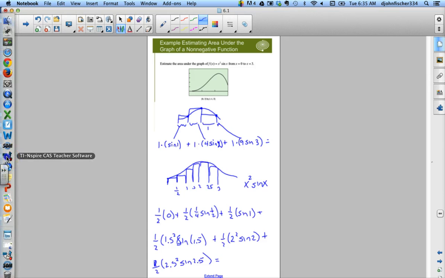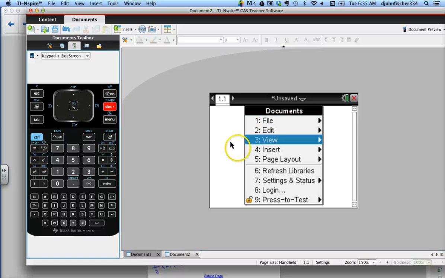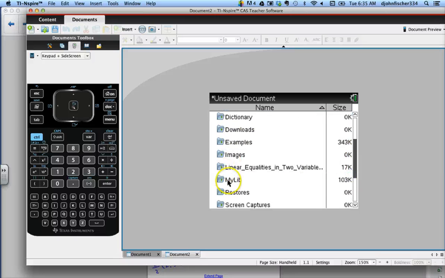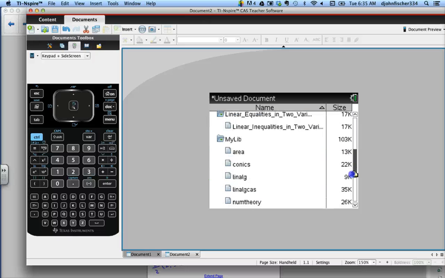If I get this to pop up here. Okay, here's my calculator. Now, what I'm going to do is, you've got a program. I'm going to go up here, My Documents. I should have put a program into your library. Hopefully it's there. I have to find it first here.